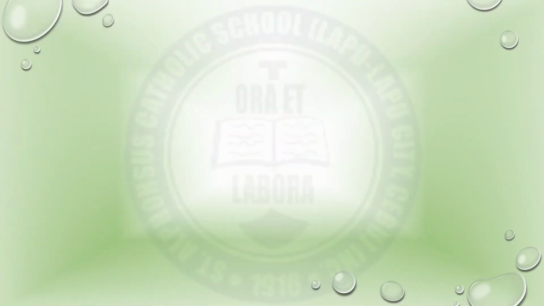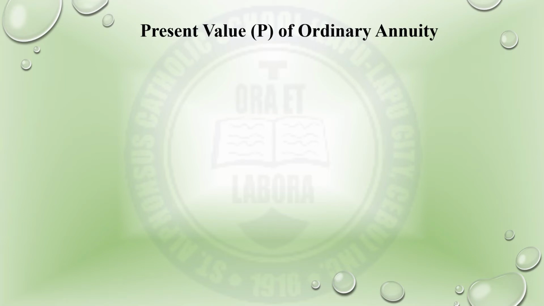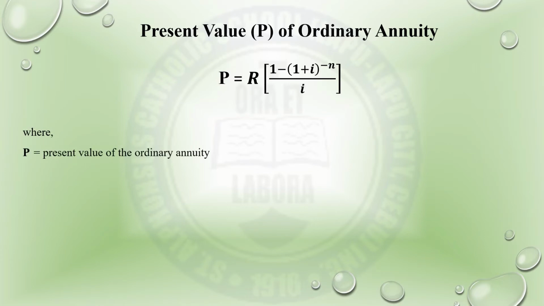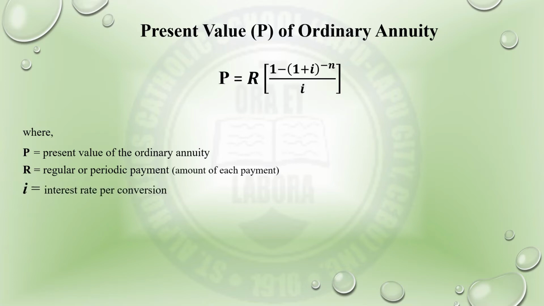If you are asked to get the present value of an ordinary annuity, we have to consider this formula. P is equal to R times the quantity of 1 minus the quantity of 1 plus I raised to negative N over I, where P is considered as the present value of the ordinary annuity. R is the regular or periodic payment, or the amount of each payment.